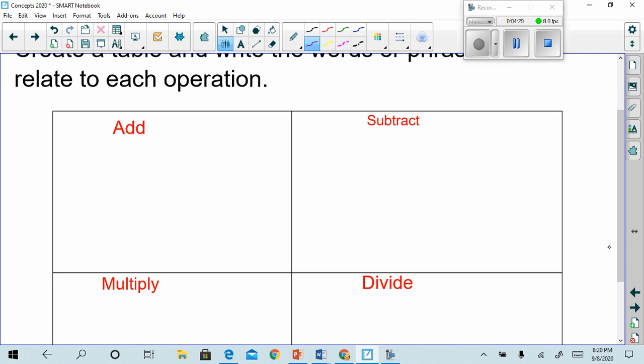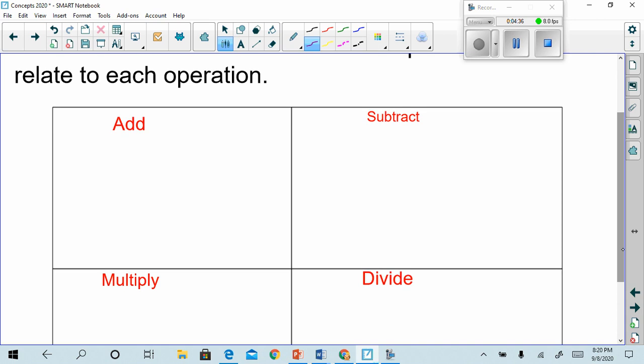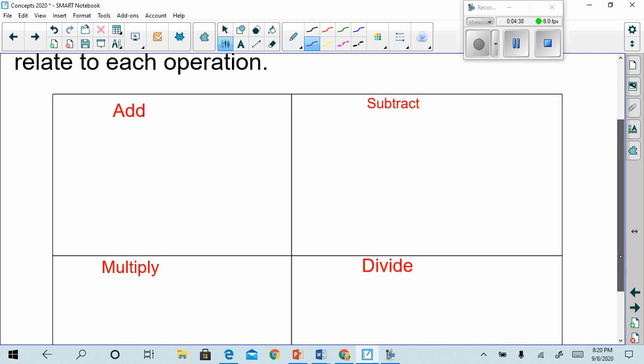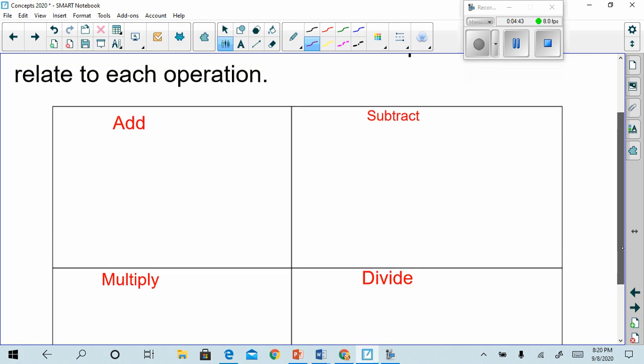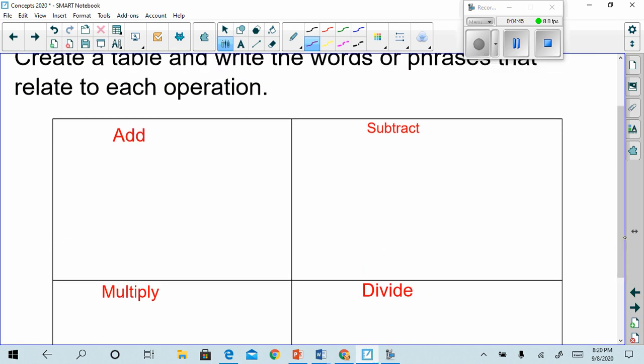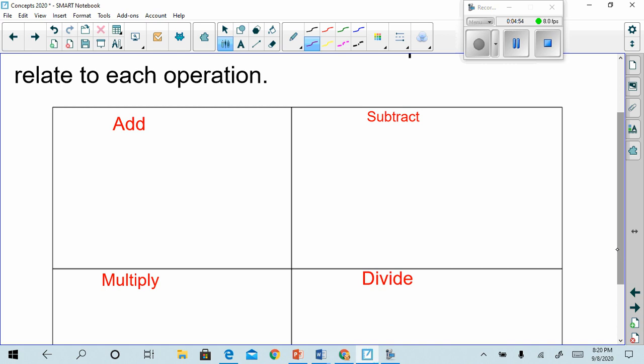I'm not going to put any answers in here because when we have our Zoom lesson, that's when you'll share your responses. So you'll take a few minutes out to complete that before our next live session. Again, it's a table that you'll design either in your OneNote or in your notebook. You'll label each with these categories, and you'll come up with the words or phrases that indicate that you will be doing those operations.